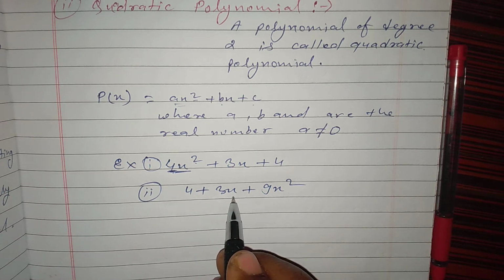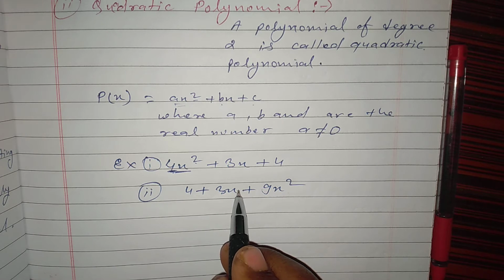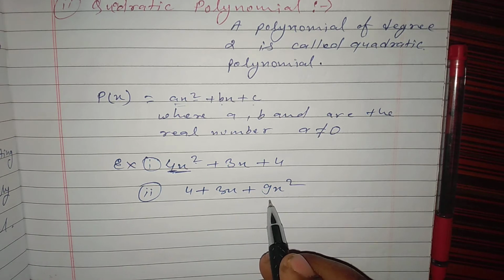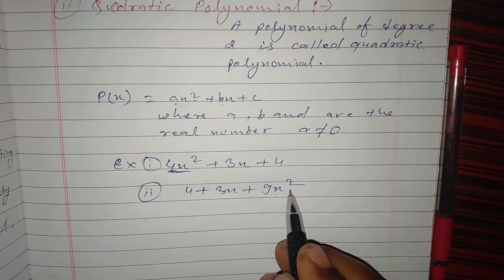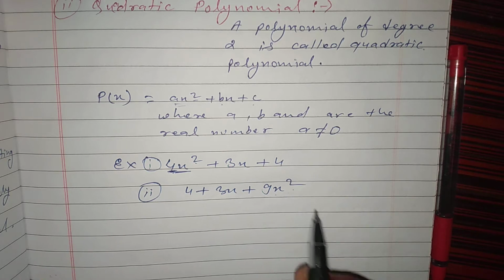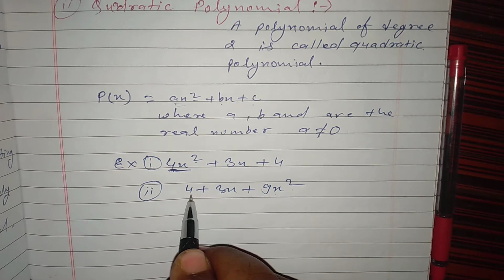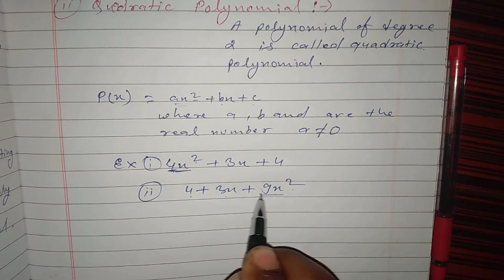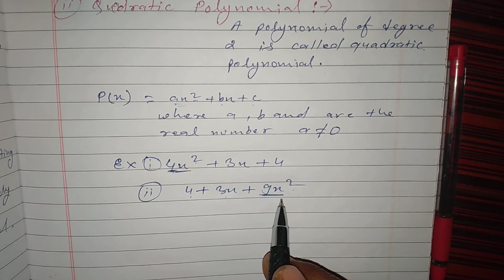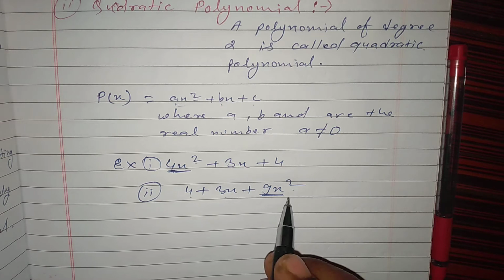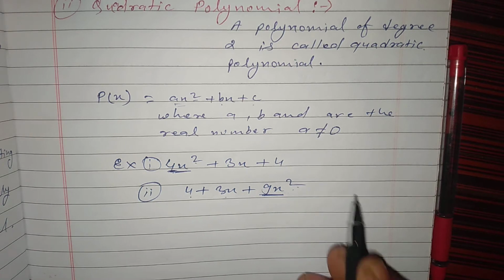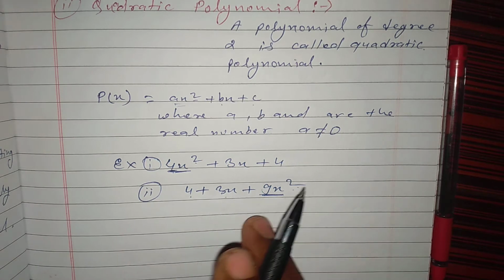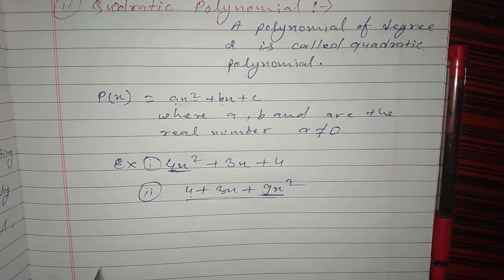Here the variable x has power 1, degree 1. Here the variable x has power or degree 2. The first, second, third terms have the highest power, x to the power 2, or degree 2. So we can say this is an example of a quadratic polynomial.